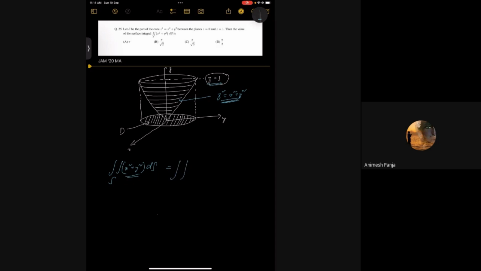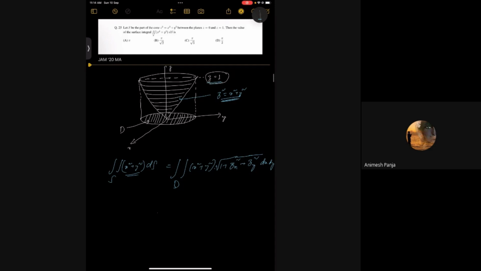This surface integral will be the double integral of x squared plus y squared times the square root of 1 plus z_x squared plus z_y squared, dx dy over the planar surface D. What is D? Our D is the projection of the cone on the xy plane.